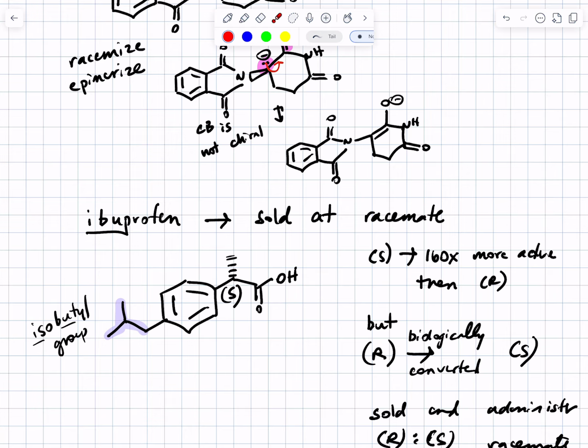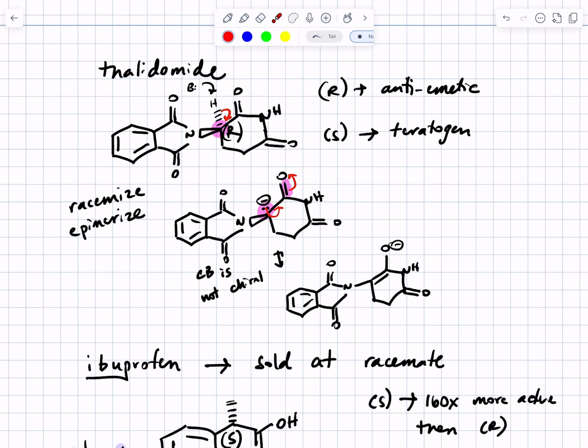But, and this actually happens a lot of times, biologically, if you take the mixture, your body can convert the R enantiomer into the S enantiomer, and so that works out just fine for ibuprofen. It doesn't work out great for thalidomide, even if you gave somebody just the pure enantiomer that was the antiemetic.